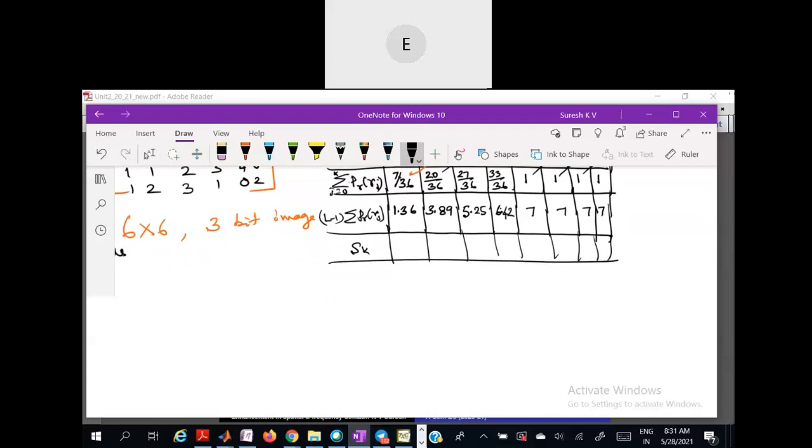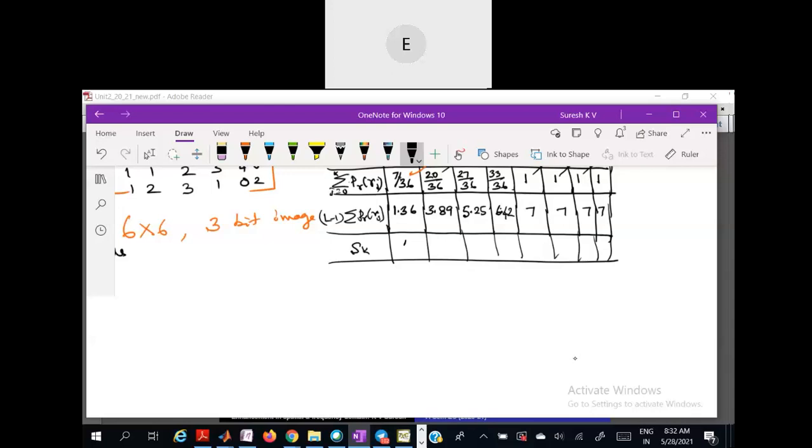Okay, 1.36. See, you can use different methods. One is just round it to the next integer, that is allowed, or you can use a floor operator, that means just remove the decimal value and only retain the integer value. But my suggestion is, if it is less than 0.5, go to the lowest value. If it is greater than 0.5, go to the highest value. Follow this everywhere.